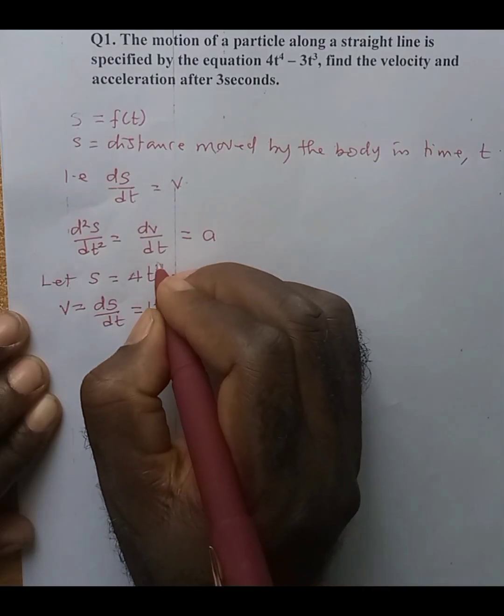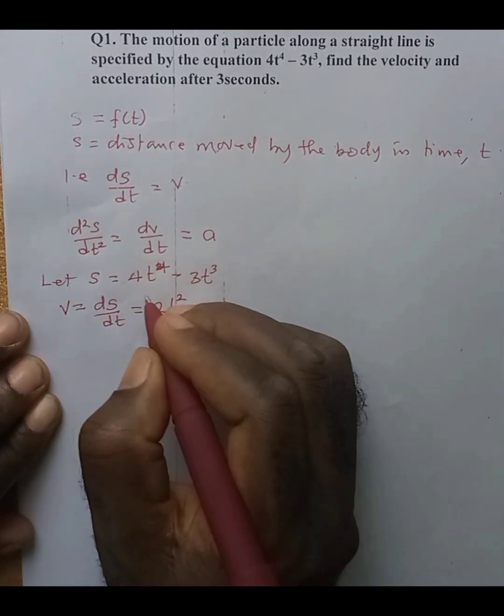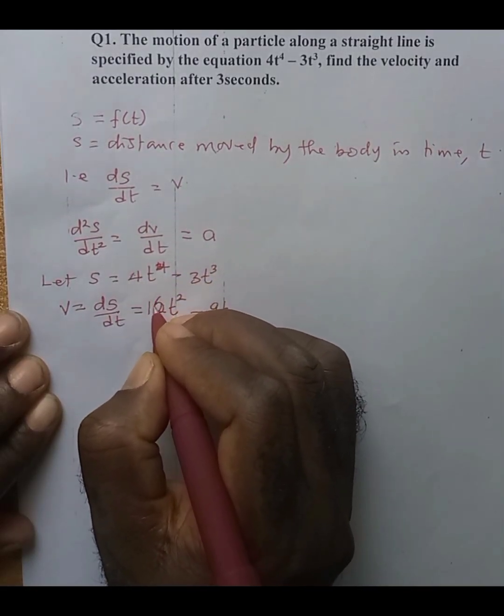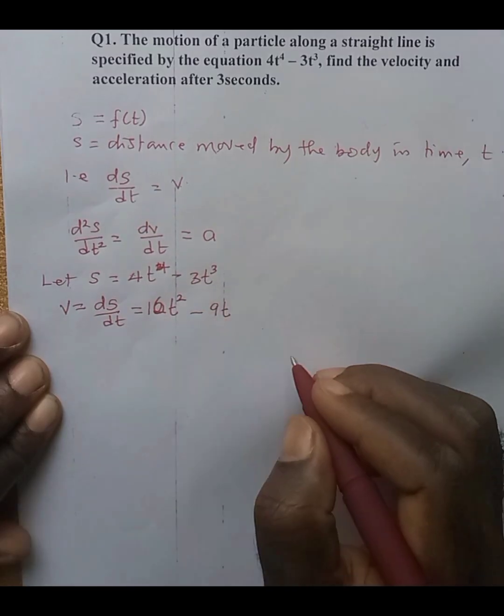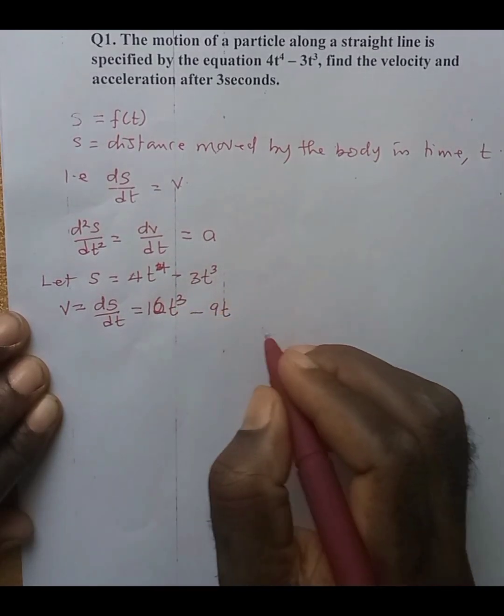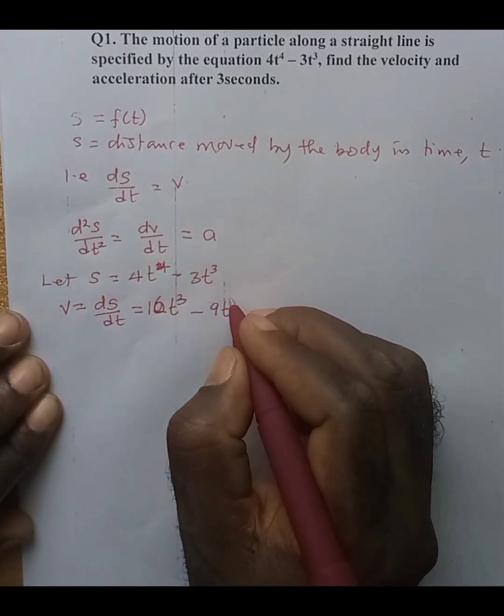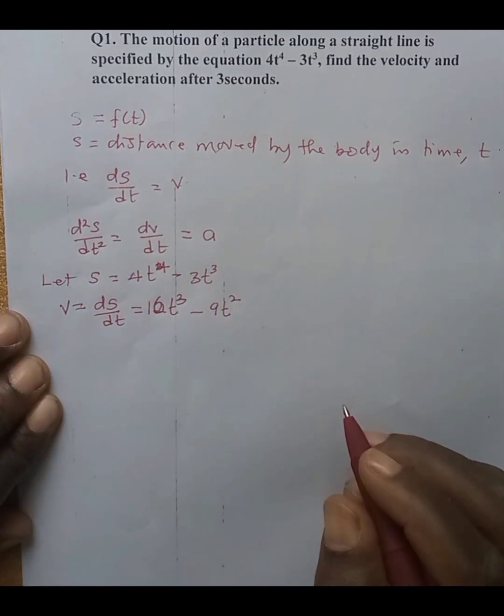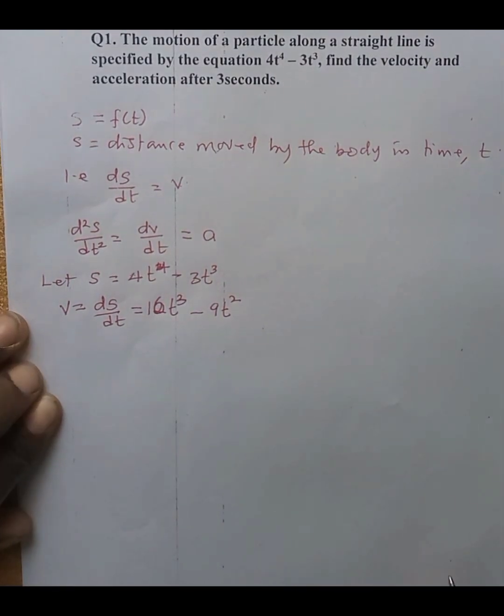From the question, it is t raised to power 4, so when you move the 4 to multiply, it gives us 16t raised to power 3. Then the other term will give us 9t raised to power 2. Now this is the velocity function.